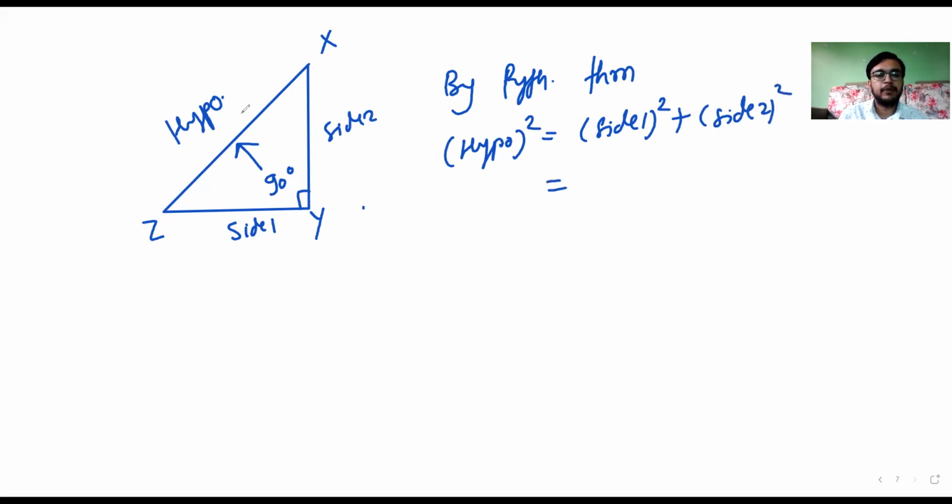Here the hypotenuse is the side opposite to 90 degrees and it is XZ. XZ square is equal to side 1, which is YZ square, plus XY square. Now let's see one more example.